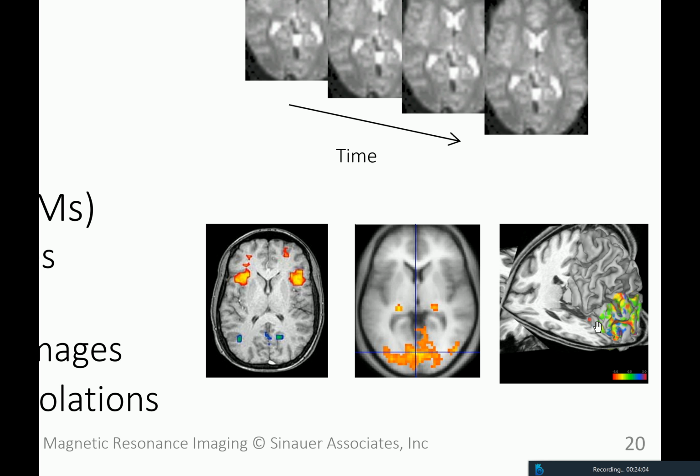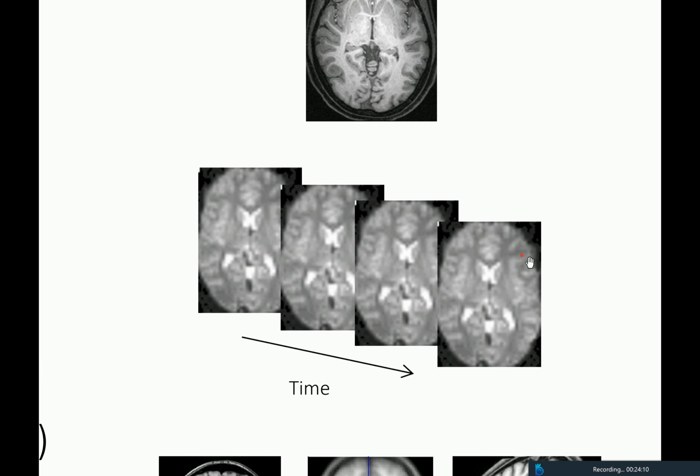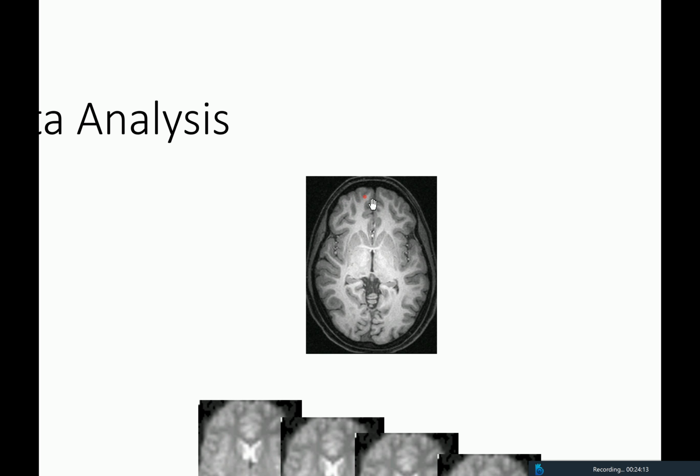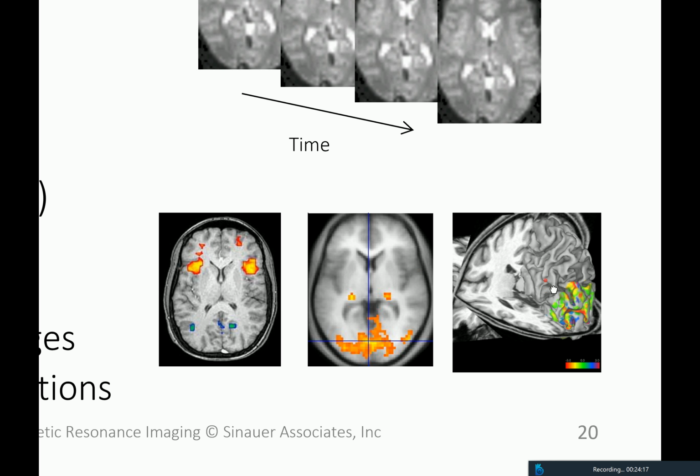A little bit more fancy, if you do more image processing, you can do 3D reconstructions from these images, taking these 2D images and putting them through an algorithm to create a 3D mesh, and then you can also overlay these activations onto a 3D mesh.